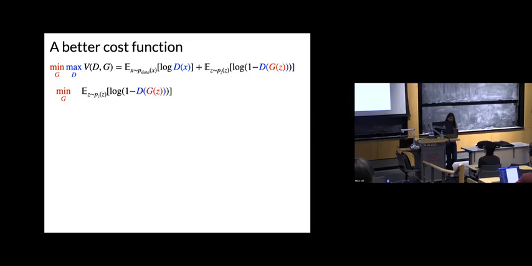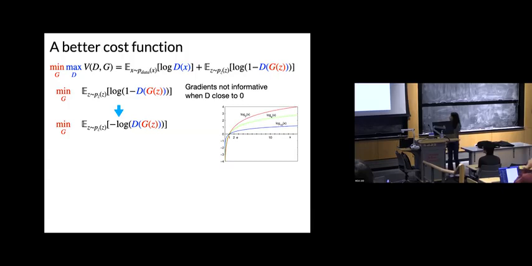So let me just say one thing. If we look at the logarithm, the truth is that around 1, the slope is not very high. If you want a wilder slope, which means more informative gradients, it's better to go close to 0. And that's why instead of having 1 minus D, we can have log of D directly.